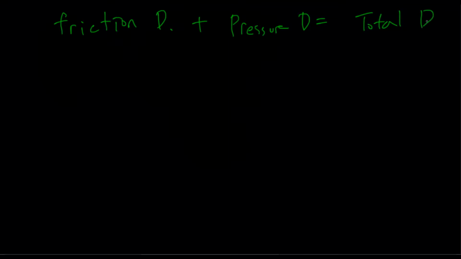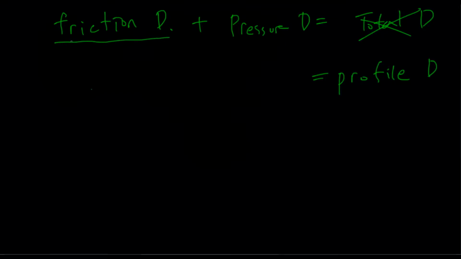So we can just add them together. Friction drag plus pressure drag equals total drag. Now, in the aerospace engineering world, we don't use total drag. We use another word. We use profile drag. Now, don't complain to me, I didn't invent this word.